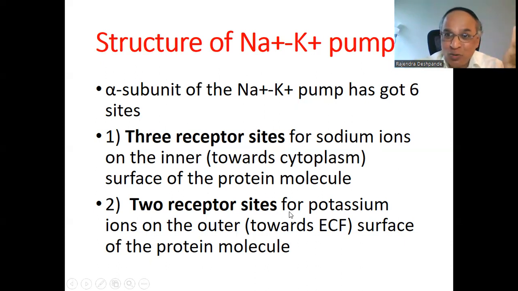Then next, two receptor sites for potassium. Naturally, the carriers should be available, so receptors should be available, welcoming volunteers. Two receptor sites for potassium ions on the outer surface of the protein molecule. This is in the ECF, and this is towards the ICF, intracellular fluid. So there are 6 sites; 3 and 2 are completed.